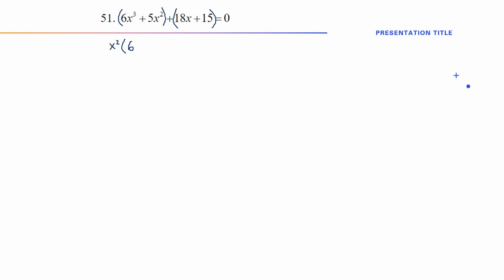The leftover is 6x plus 5. In the second group, we have 3 in common, so we have 6x plus 5 left inside.